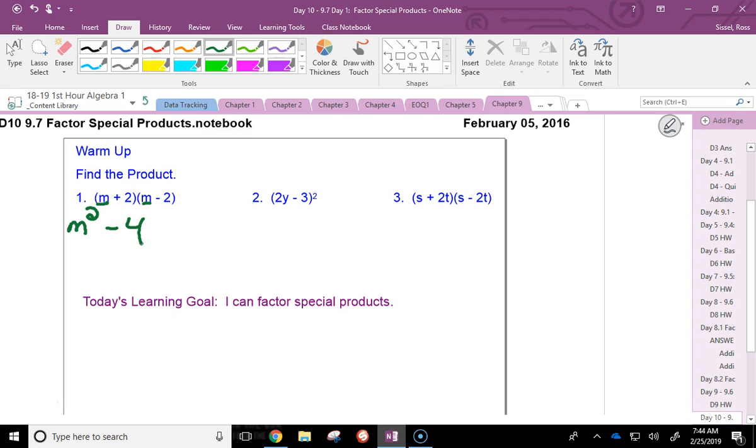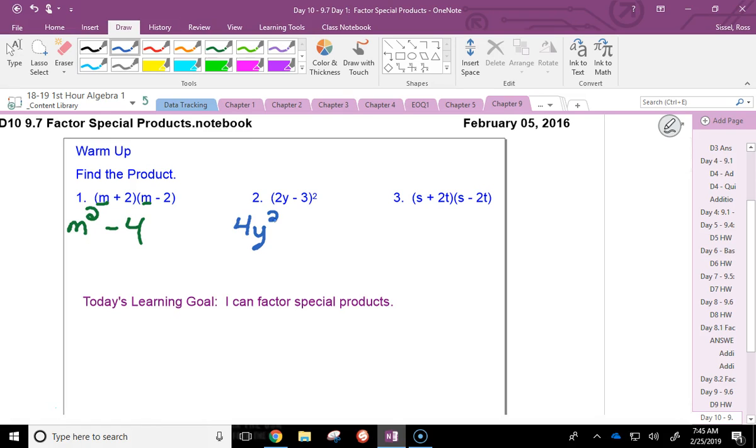Now, on the second one, we have a binomial, and we're squaring it. Remember what the trick is on it. You square the first term, so 2y squared is 4y squared. I'm going to give a little space for the middle term. I square my last term.